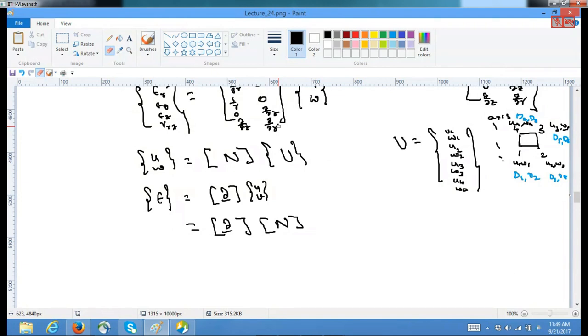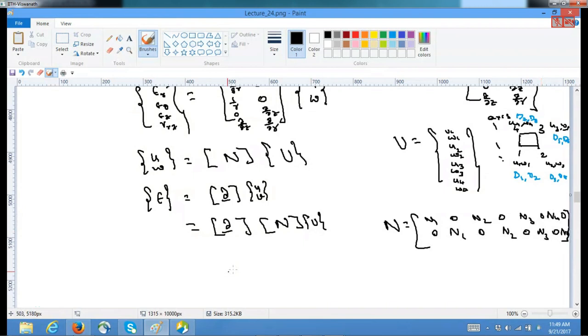So where n, as we saw earlier, is n1 0, n2 0, n3 0, n4 0, 0, n1 0, n2 0, n3 and 0, n4. So the same n times this u. So this together will form our B matrix, or the strain displacement matrix.